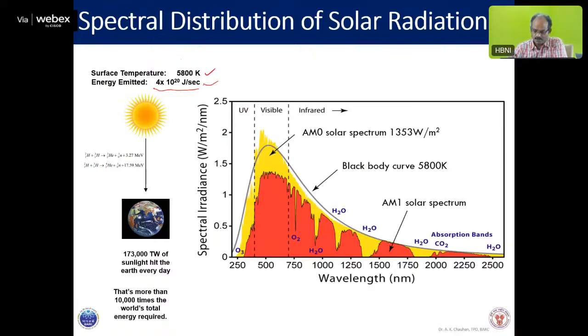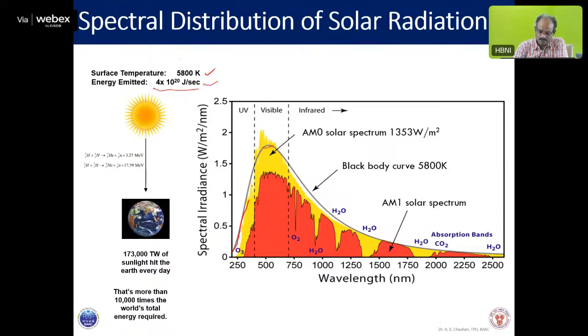This is the typical solar spectrum which is received at the Earth. Now, if you see this curve, this is actually a black body curve for any body which is at 5,800 Kelvin. So the outer part is the black body radiation of a body which is at 5,800 Kelvin and emitting this radiation.